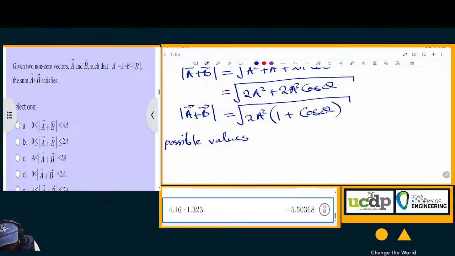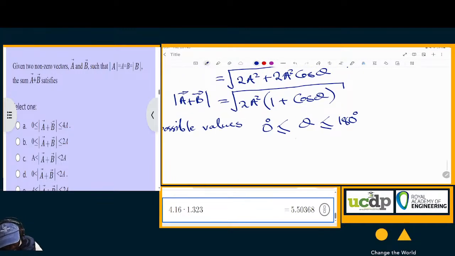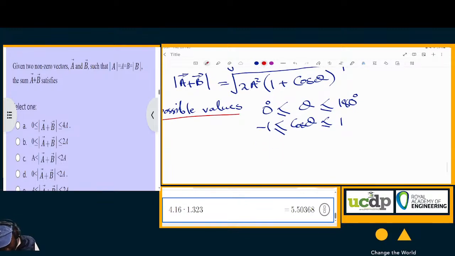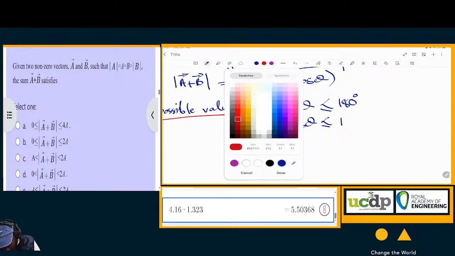Theta should be within this range, and cos theta therefore would be less than or equal to 1 and greater than or equal to -1, which means we can substitute the maximum value, which is 1, and the minimum value, which is -1.